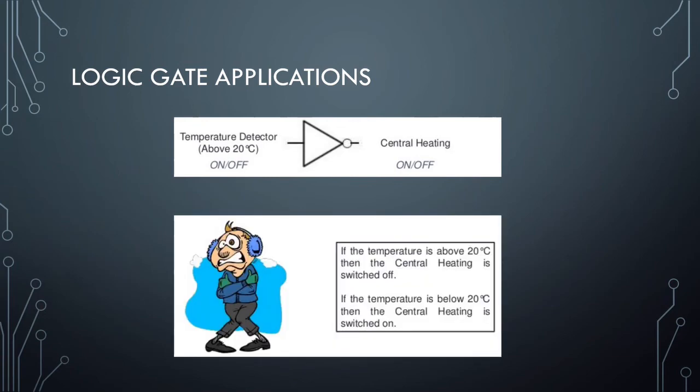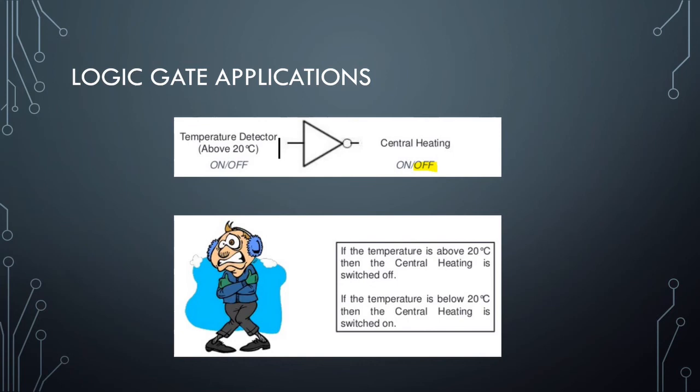So if the temperature is above 20 degrees Celsius, then we would have an input of 1. And our NOT gate is going to flip that so that our central heating is turned off. So if we're getting above 70 degrees, that's too warm, we're turning the heating off.